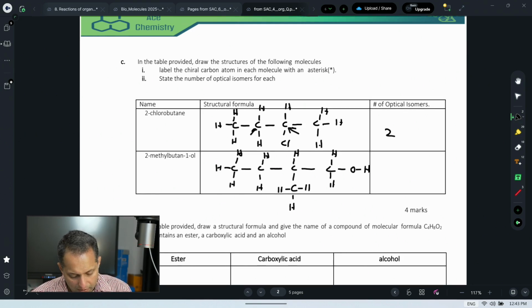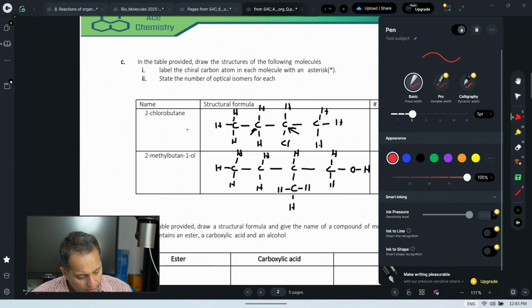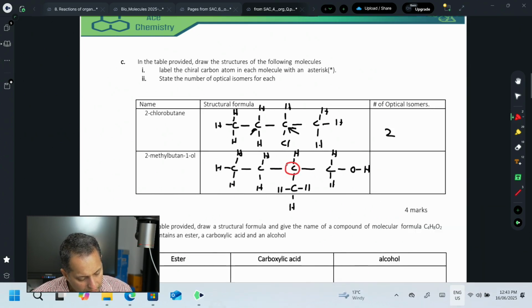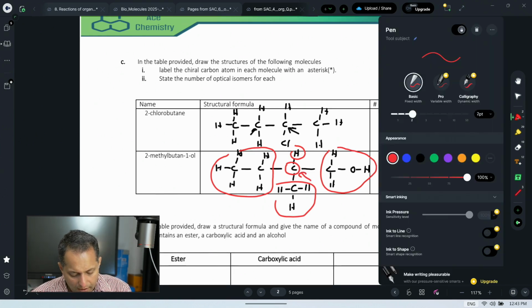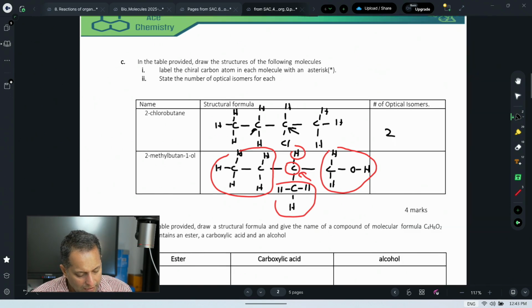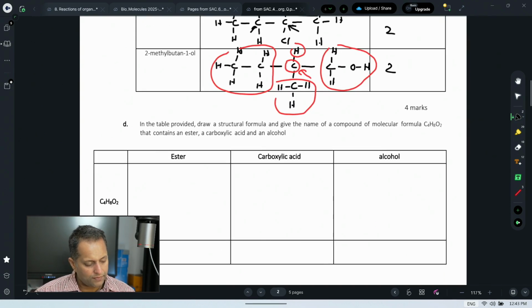So this is a chiral carbon. Why? It has got 4 different groups attached to it. What are those 4 different groups? Ethyl group, methyl, different, and hydrogen. So that carbon is chiral. Since that carbon is chiral, you will have 2 optical isomers. All right. Okay, that's done.